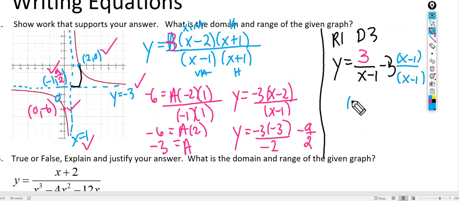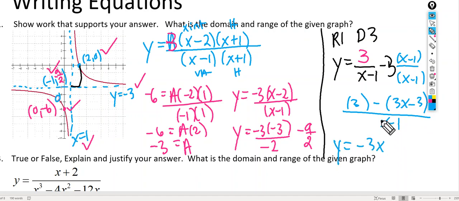Okay, 2 fractions, 2 numerators. Y equals -3x plus 6 over x minus 1.